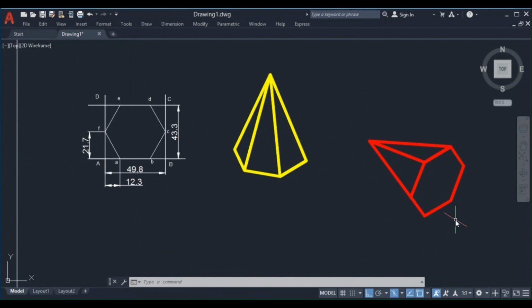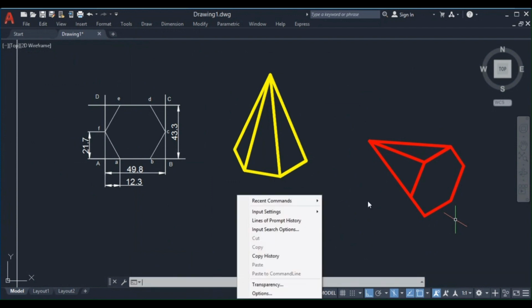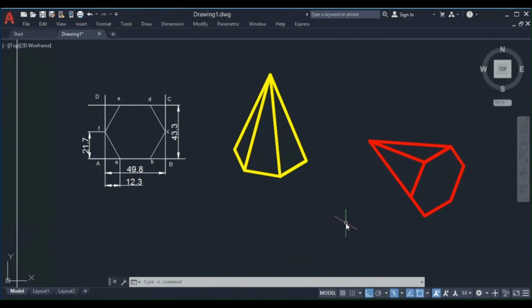So similarly, solve this next problem on your own. Draw the isometric view of a pentagonal pyramid of side of base 30 mm and height 75 mm.